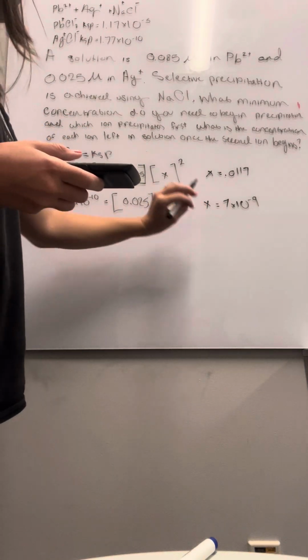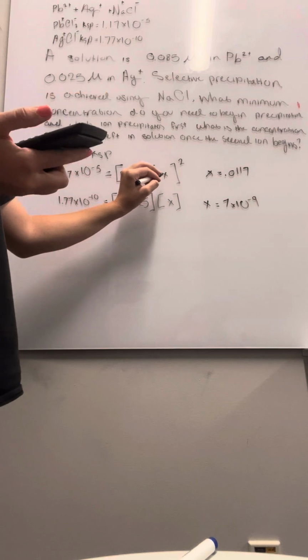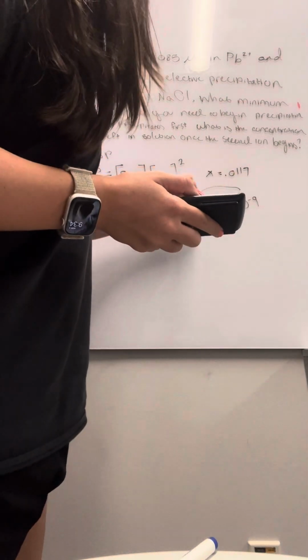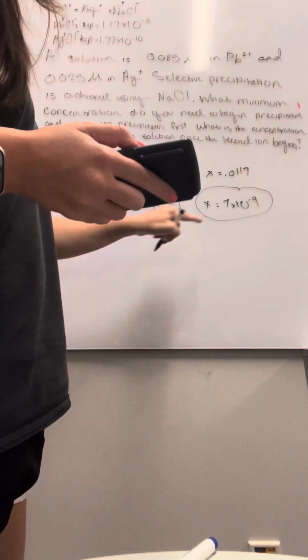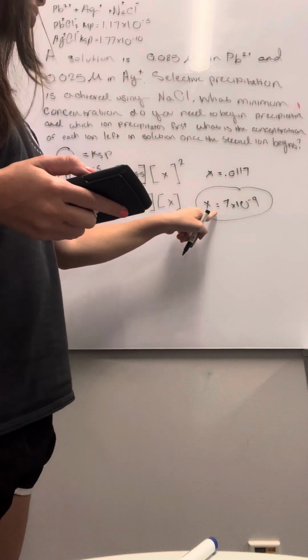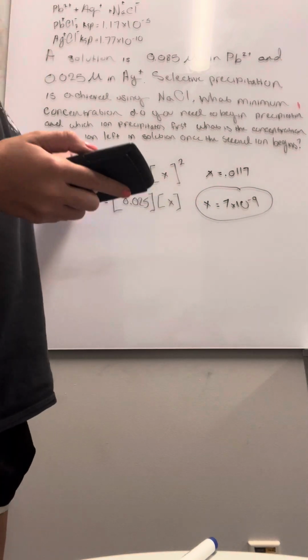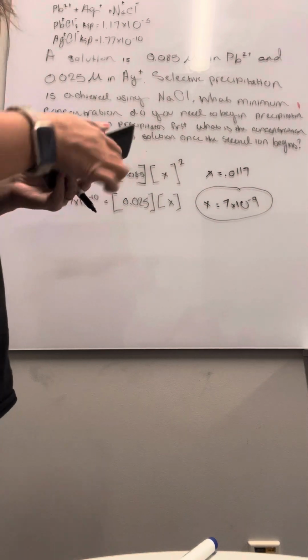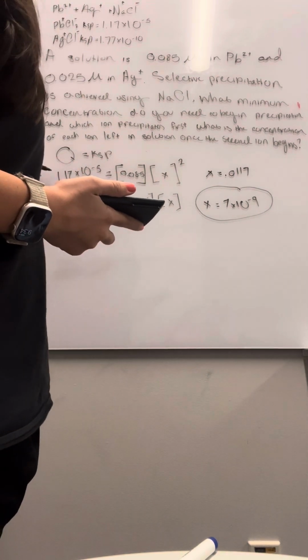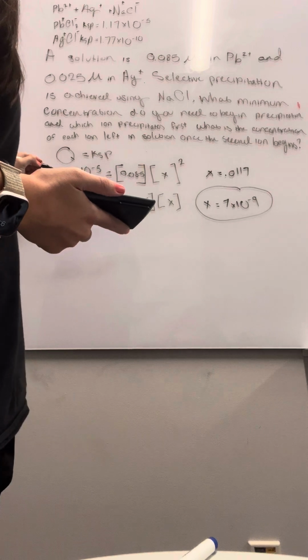So these x's, remember, represent the molarity of Cl. This one here has a smaller value for x, so this one is going to be used up first, and it's going to begin to precipitate because it reaches this point quicker. So now we're going to figure out how much is going to be made once the second ion begins to precipitate.